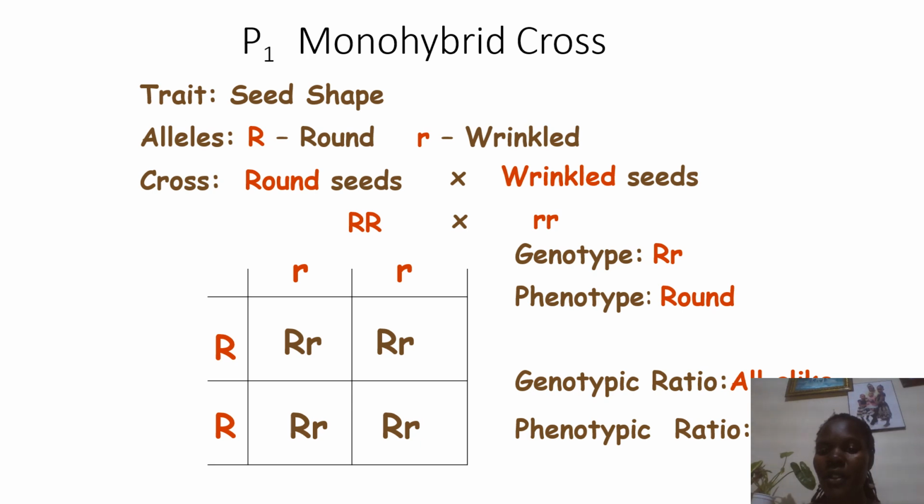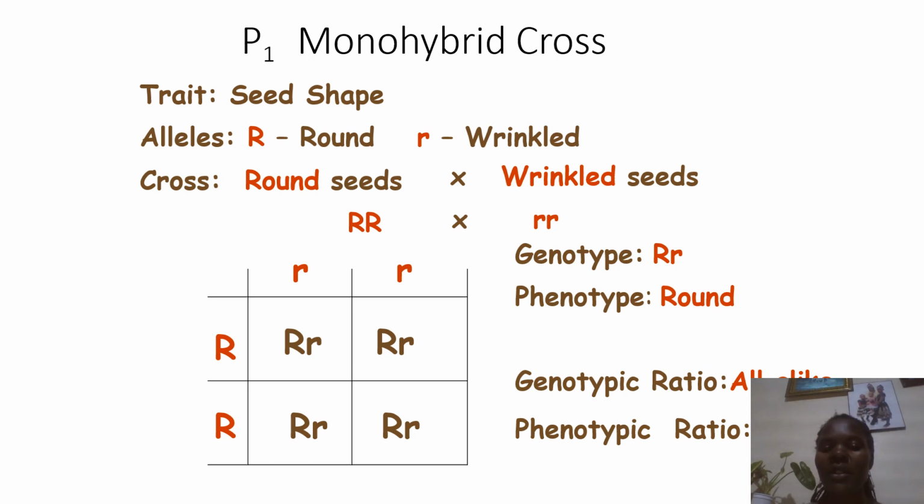Remember, we mentioned that behind every phenotype there is a genotype which is responsible for the physical expression. So we start with the genotype, and we have the genotype all being heterozygous for the F1s. It means the phenotype, the physical expression of the F1s, will all appear round.